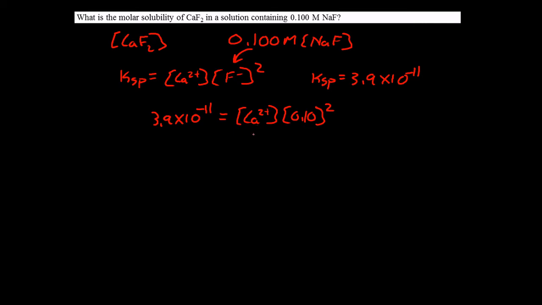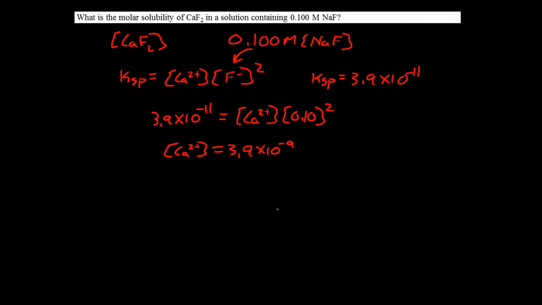If we go ahead and solve that, 3.9 times 10 to the negative 11 divided by 0.1 squared, that gives us the concentration of calcium is 3.9 times 10 to the negative 9.